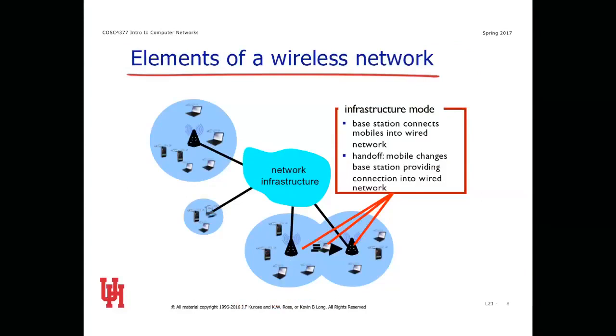So you can run things in what's known as infrastructure mode or an ad hoc mode. In an infrastructure mode, you're connecting your base station to the outside world, and there's handoffs. So one of the ways that cellular has been popular is they're constantly monitoring your signal strength, usually at more than one tower, and there's a system that's making the decision when to flip you over from one tower to the next. And it's based not just on signal strength.